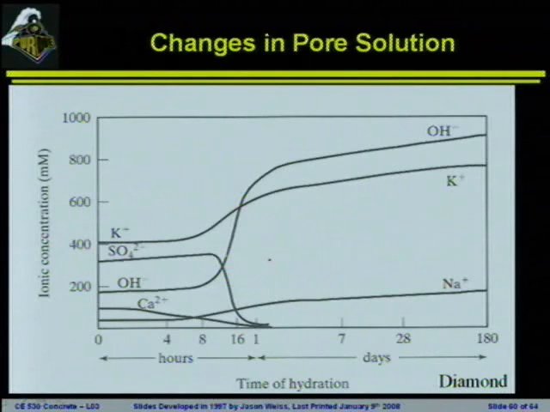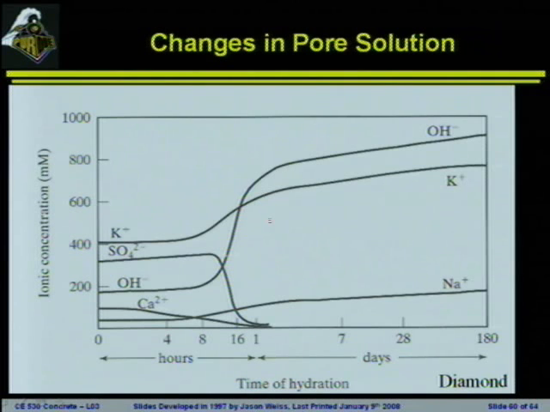Right. During this entire process, the pore solution chemistry is going to be changing. So the things that are leaving the surface of the cement particle and going into the water, the chemistry of that water is going to change. You're going to get some potassium ions, hydroxyl ions, calcium ions, and what you're going to notice is that they change dramatically, really dependent upon the extent of reaction that's taking place.